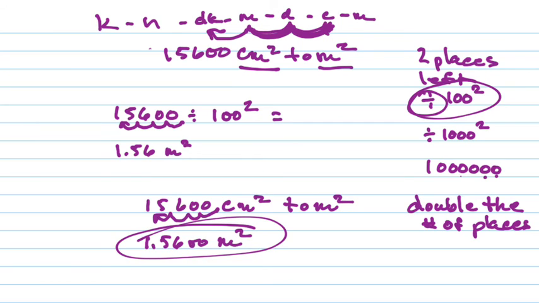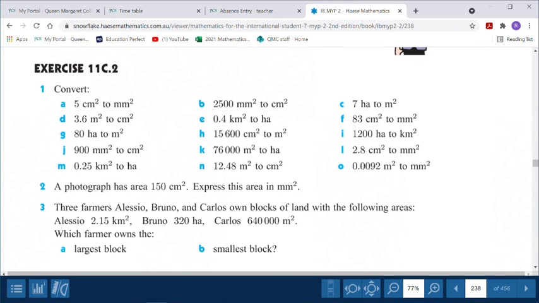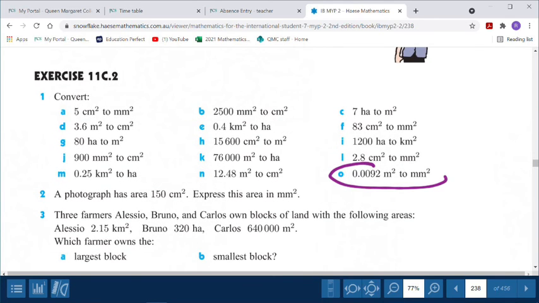So let's look at the homework and see if we can do another one of these. I don't want you to do any math here. Look at O. We have 0.0092 meters squared, and I want to take that to millimeters.